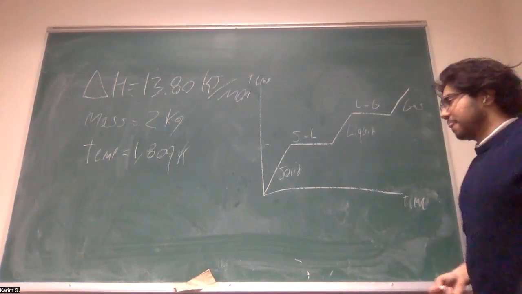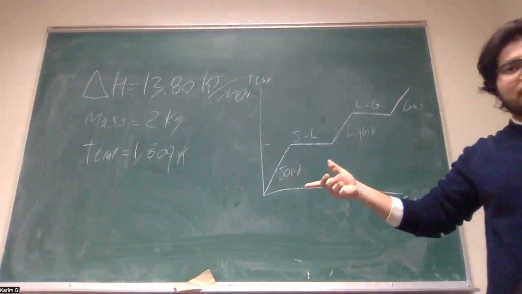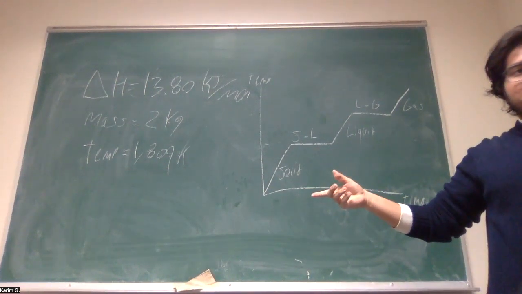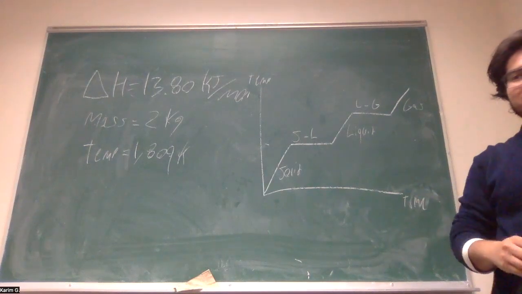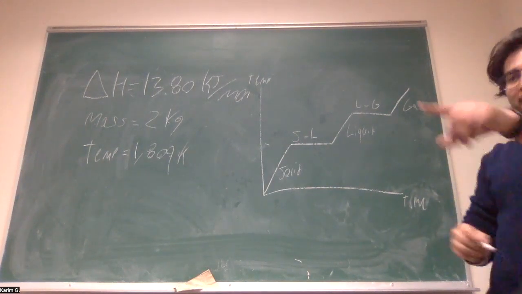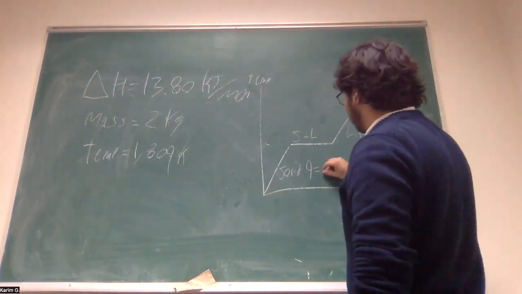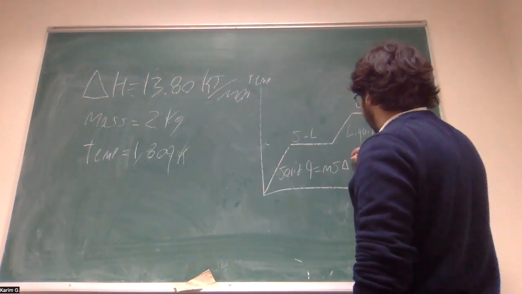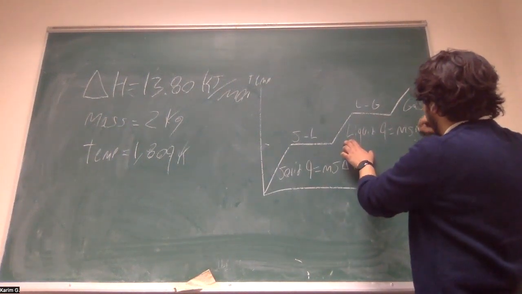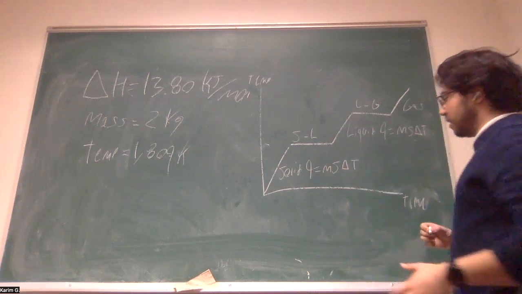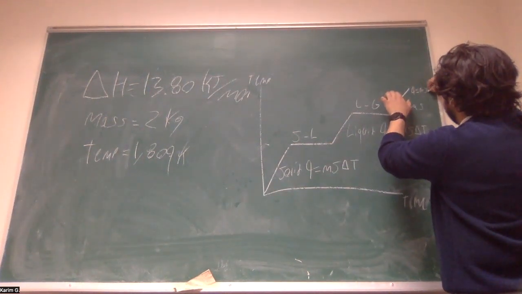Do you guys remember the formulas that you need for each of these? For these slopes right here, Q is equal to MCΔT, and the same thing here and here.